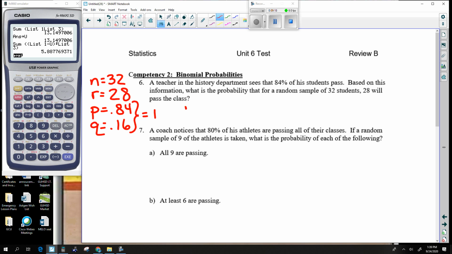So in essence, if you need a Q, you can take 1 minus P if you have a difficult time with that math. And then the formula is the probability of a certain number of successes is nCr, p to the r, q to the n minus r.